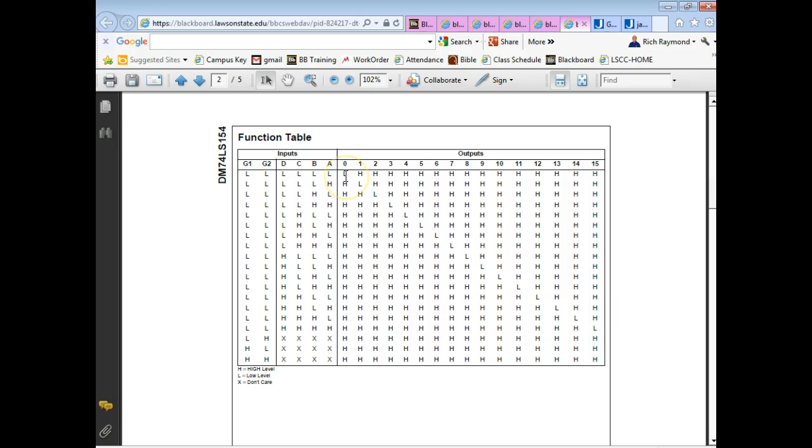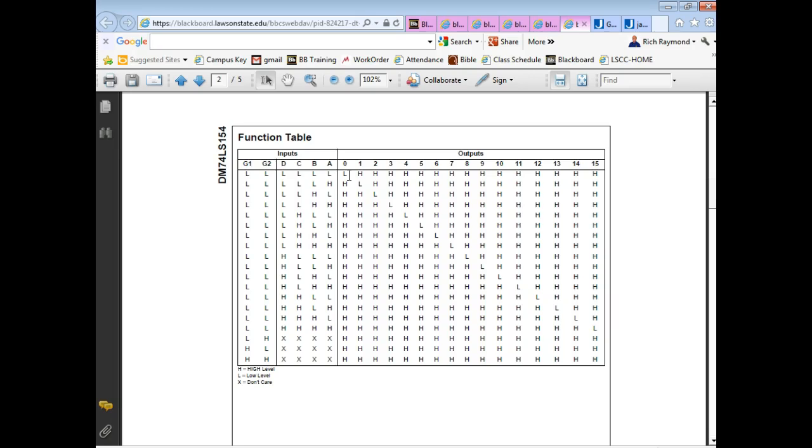So these guys, they're true when they're low. Y'all understand that? So you got to understand true, a high and a low, or a 1 and a 0, and what we're talking about, what's true and what's false. So when I put a 0 on the input, output 0 goes low. So that means the outputs are low active, right? You understand? So it means the outputs are true when they're low, or when they're a 0.